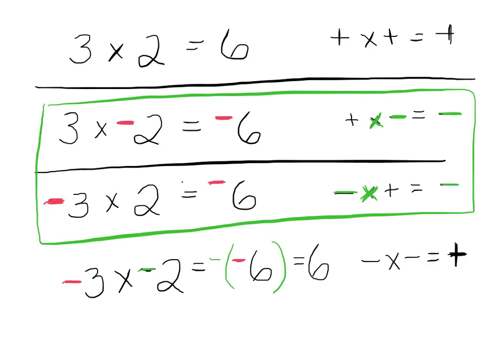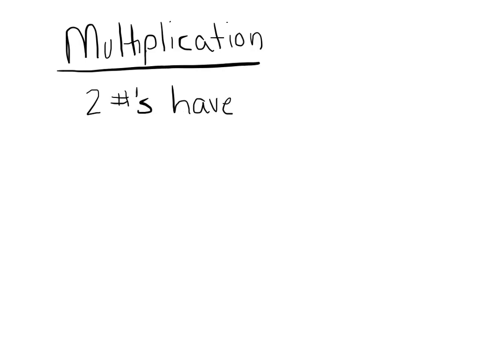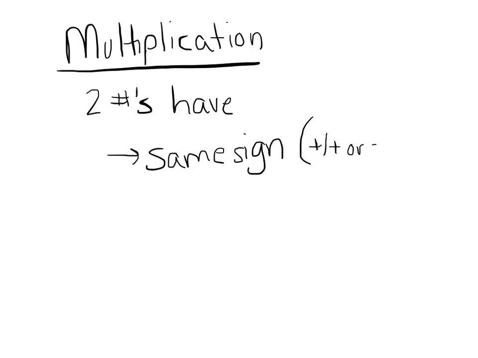So summarized, with multiplication, and actually the same rule is going to apply for division on our next slide, okay? If two numbers have the same sign, okay, in the case of positive, positive, or negative, negative, the answer is going to be a positive number.